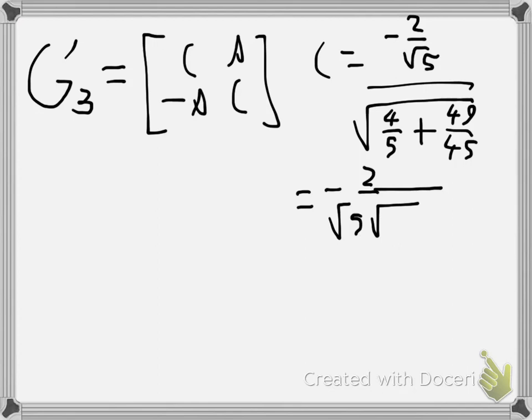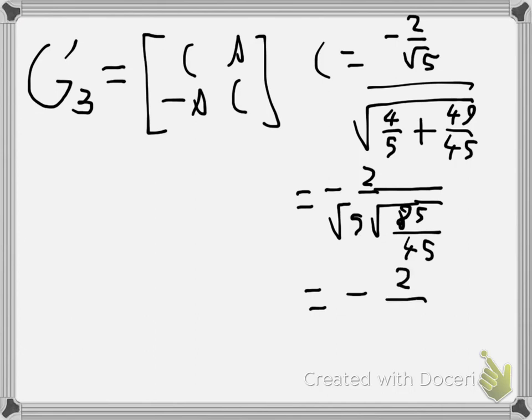And so we get 36 plus 49, so 85 over 45. Okay, I think this should be correct. So we can rearrange that again.